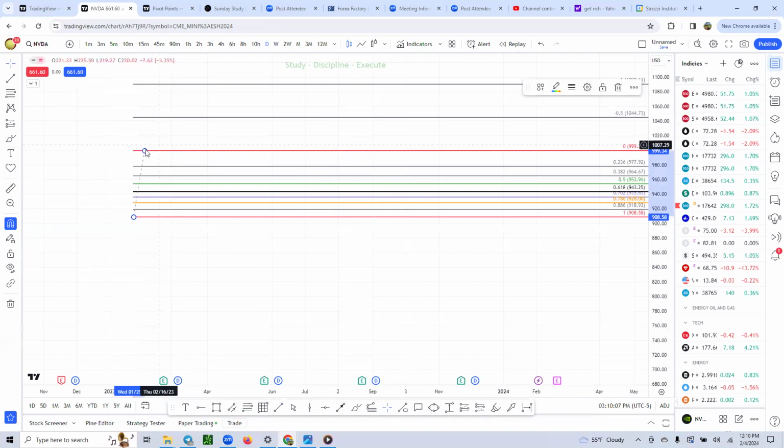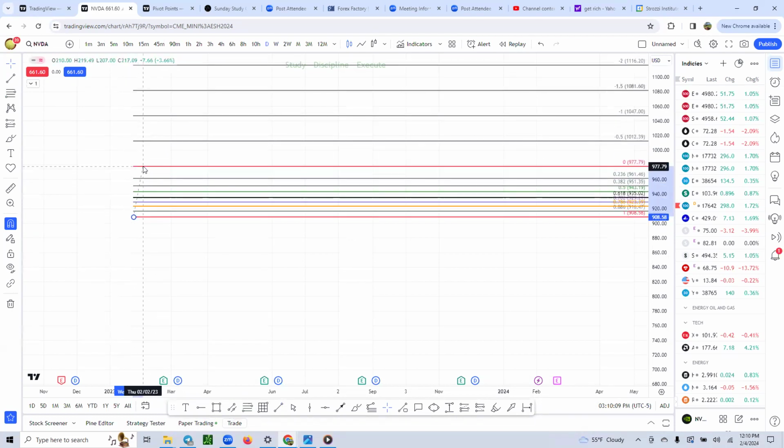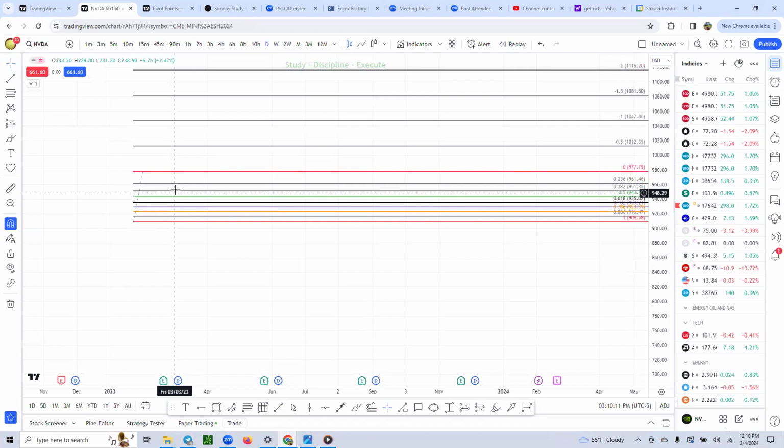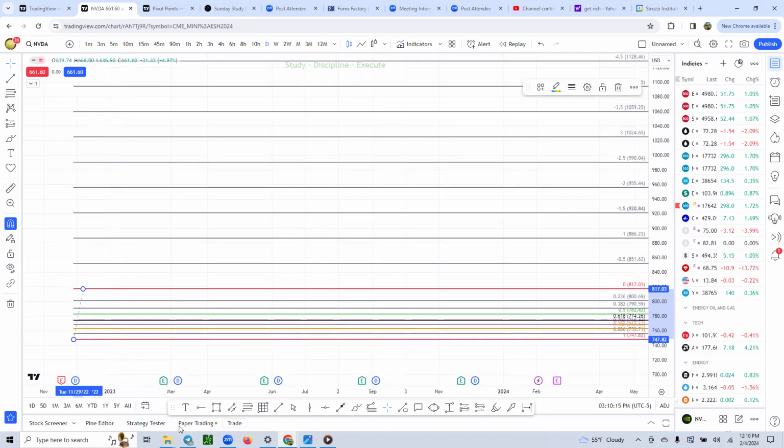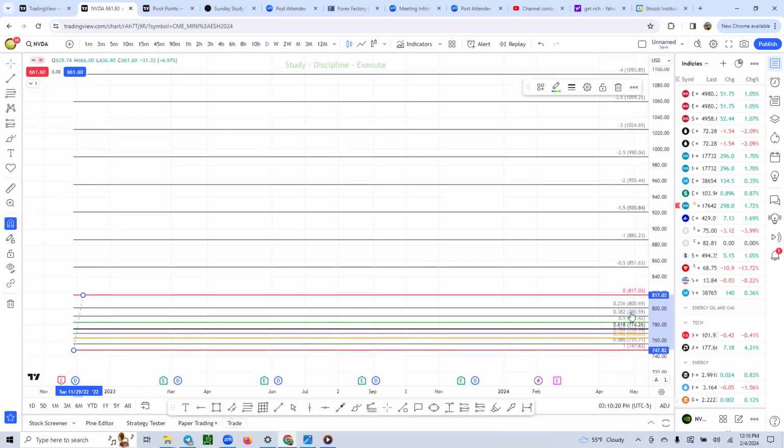So this one right here is the Fibonacci retracement tool with extensions, right? And so for those of you that study ICT, he has these same levels, but his numbers are rounded. So they might be off by pennies, but I just use the default levels that are in TradingView.